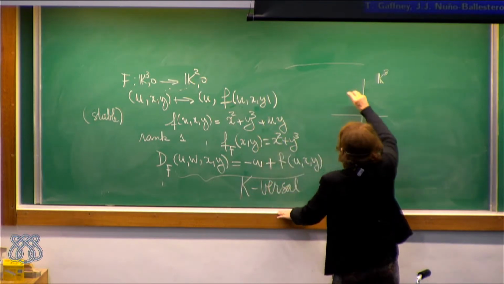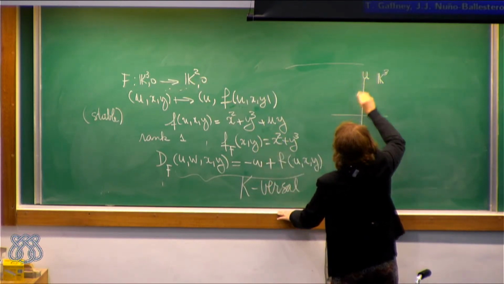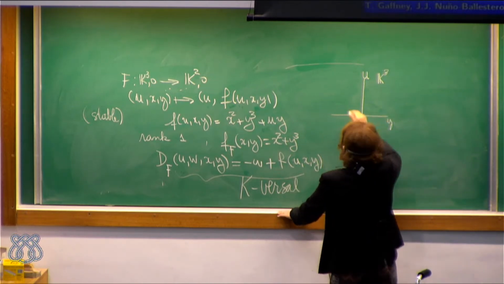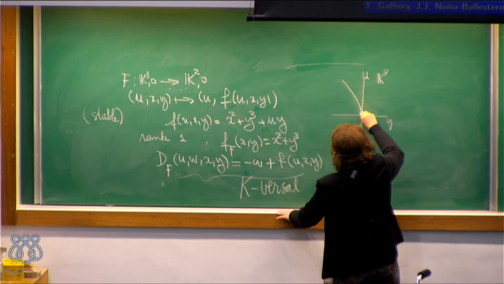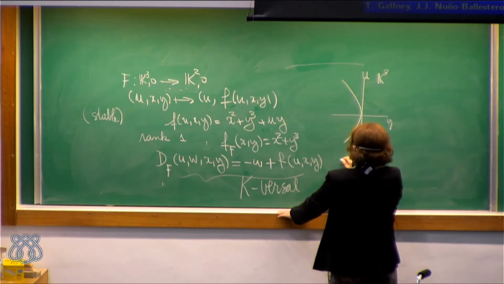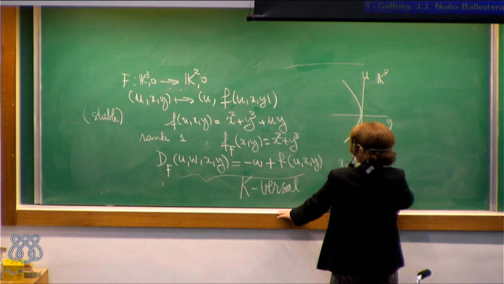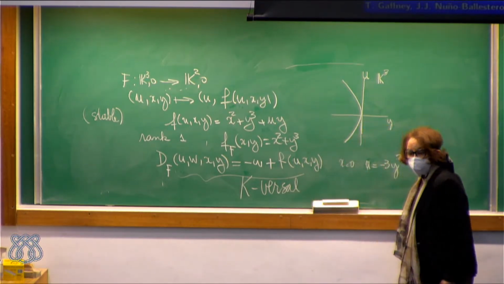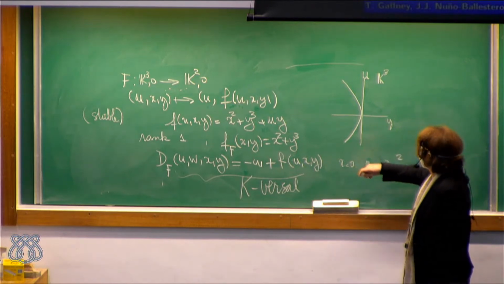If I call the coordinates u and y and this x, the singular set of this map will be a parabola like this, because it's x equals 0 and u equals minus 3 y squared. So this is the singular set.